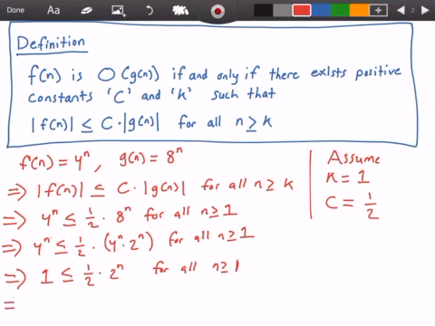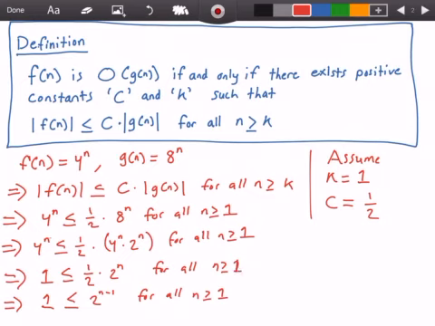And if we write this again, we get 1 is less than or equal to 1/2 times 2 to the n, so that's 2 to the n minus 1, for all values of n greater than or equal to 1.